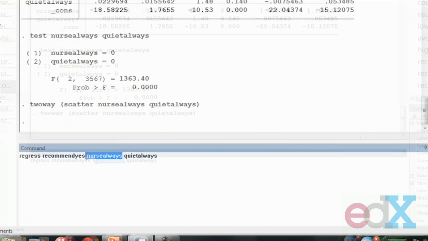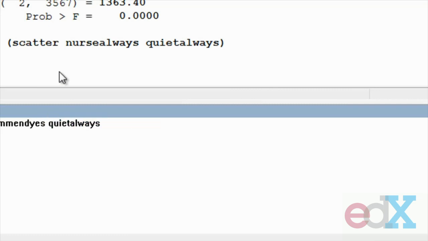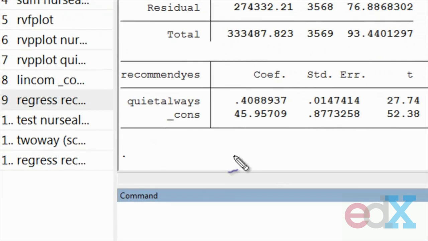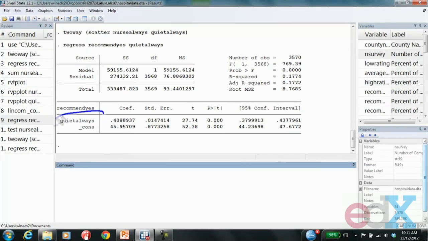Just as a quick example, suppose I were to instead fit a simple linear regression model with recommend yes as my outcome and quiet always as my covariate. We now see that in this simple linear regression model, quiet always is highly associated with the outcome recommend yes.